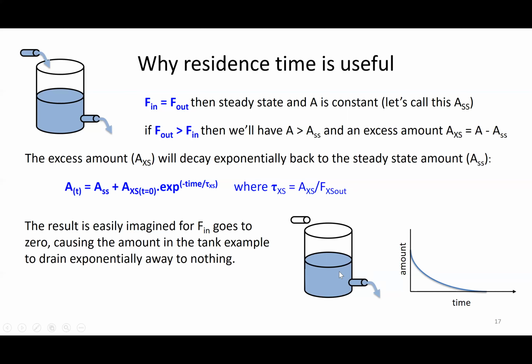Under those conditions, there would be no water in the tank, so it would be empty. If we make that assumption, the way to imagine that is just that we have this tank with water in it, and then we shut off the amount of water flowing into the tank, and the tank gradually empties.